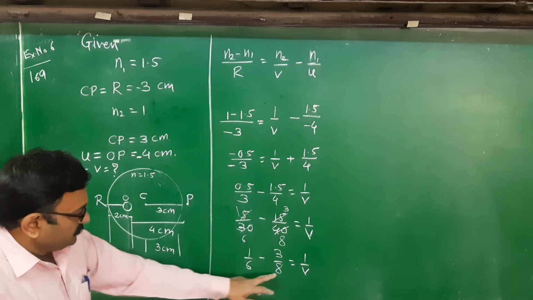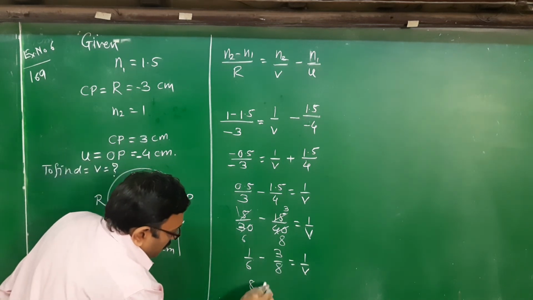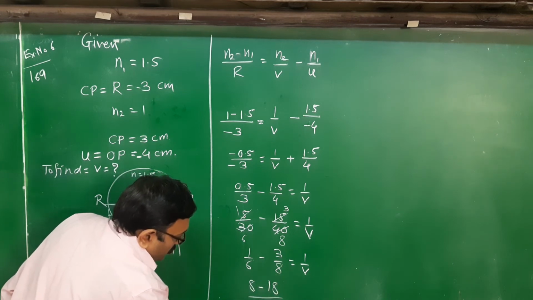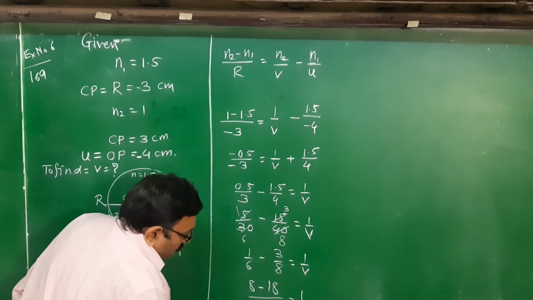Now we solve this: 8 minus 18 upon 48 equals 1 upon v.